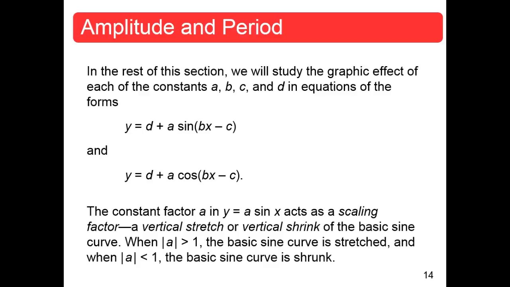What did we call these things you added or subtracted to either the function value or to the x value? What did we call those? What did that produce, when you added or subtracted something from the functional value?